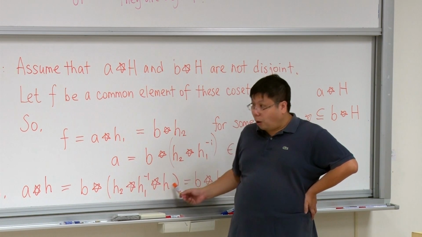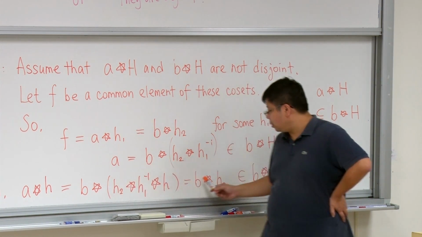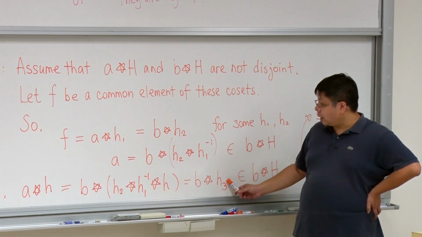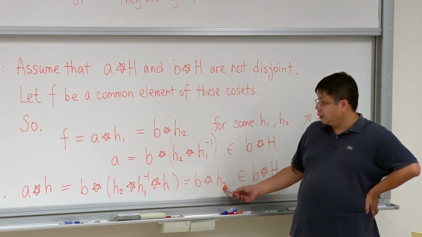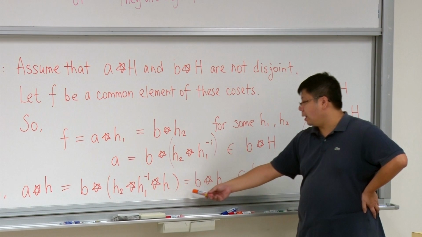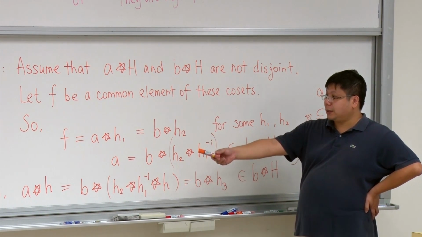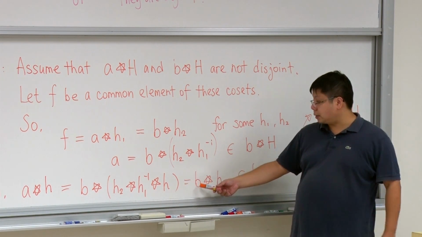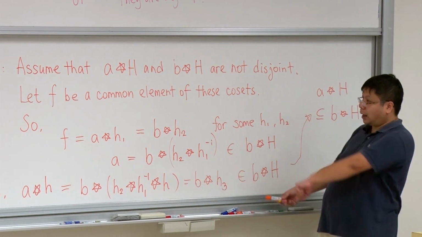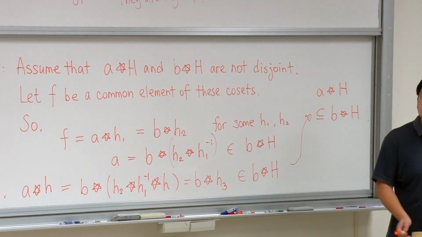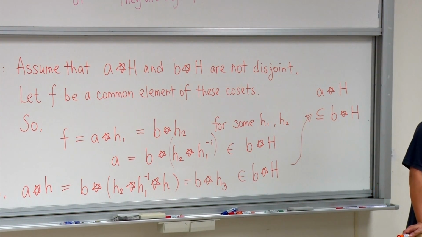So it is also equal to a certain element in the big H, let's call it H3. So B star blah blah blah is equal to B star H3. And by definition, if A star H can be expressed as B star H3, then A star H will be in the set of B star big H. That's it.